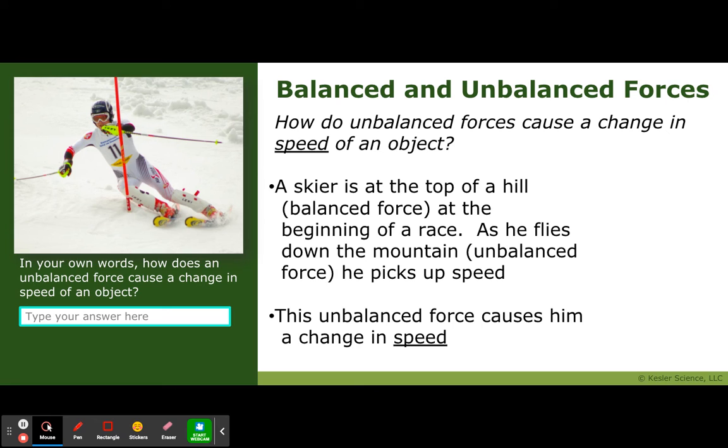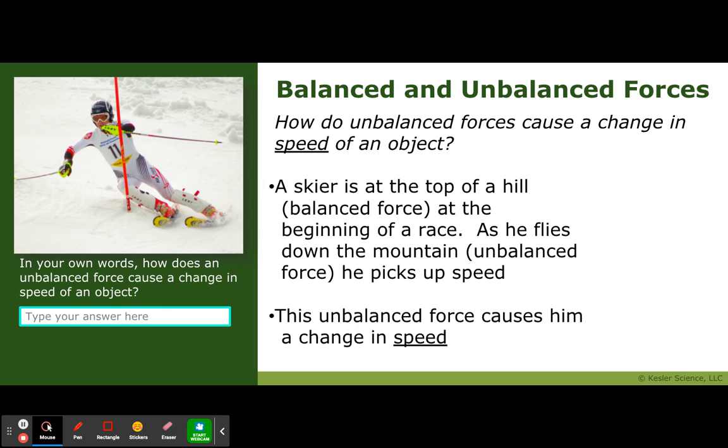How do unbalanced forces cause a change in speed of an object? A skier is at the top of the hill again. That is a balanced force. At the beginning of a race, as he flies down the mountain, which is an unbalanced force, he picks up speed. This unbalanced force causes him to change in speed.